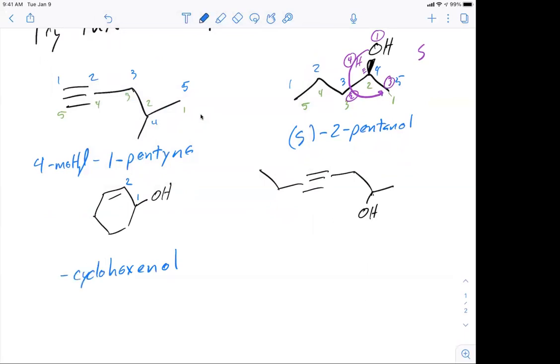Cyclohexenol. So the 2 goes with the ene, the 1 goes with the ol. So 2-cyclohexen-1-ol. You could have also done it as 1-ol, but again, the 1 here is assumed because it's cyclic and I'm naming it as the ol. So the 1's not necessary. The ene goes to the cyclohexene. And again, you wouldn't see both of these as an option on the test.